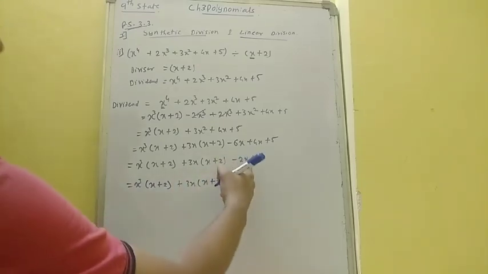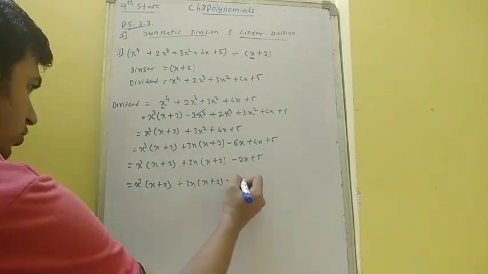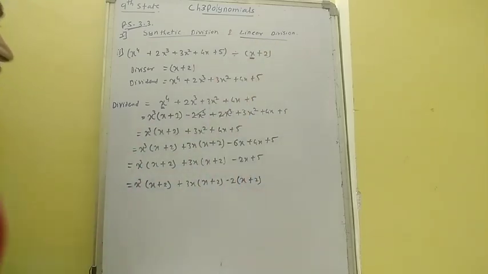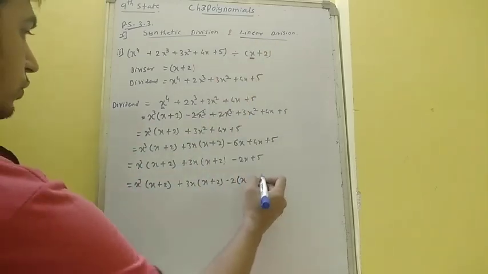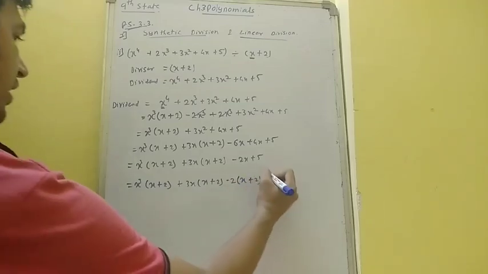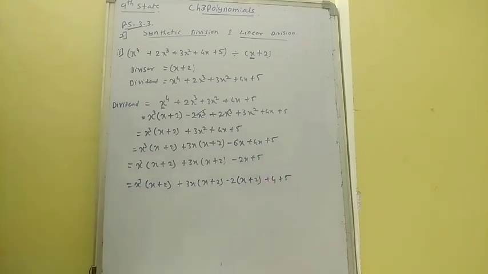Now I want to get x, so I will take minus 2 common. Okay, if I am taking minus 2 common, I will get x and plus 2, that I need to write as it is a divisor, plus 2, 2 into minus 2 is minus 4. So to balance that minus 4, I will add plus 4 to it, plus 5 as it is.